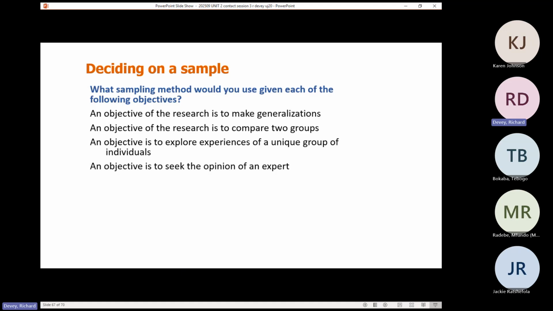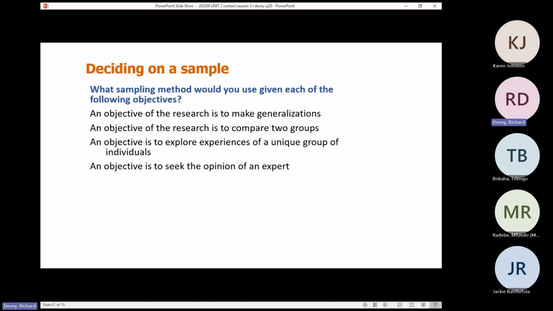I'll try and find that for you, and I should be able to find it on the internet as well if I can't find the original version. I'll post it on the discussion forum, just to give this idea that we shouldn't rule out generalizing just because we don't have a quantitative probability study.